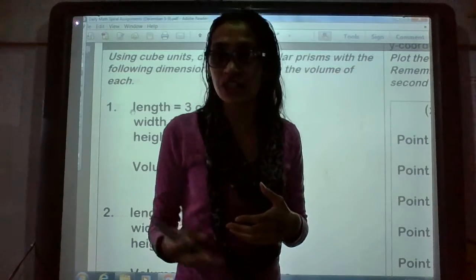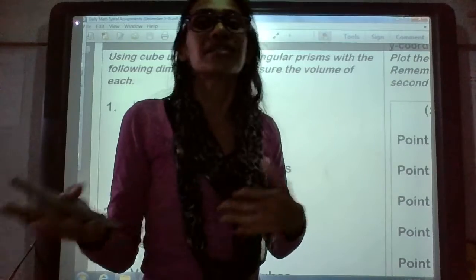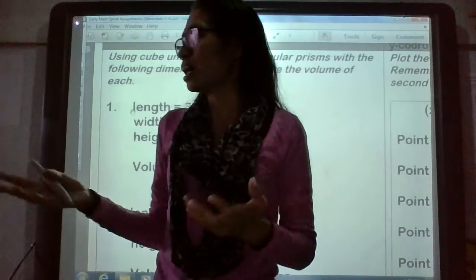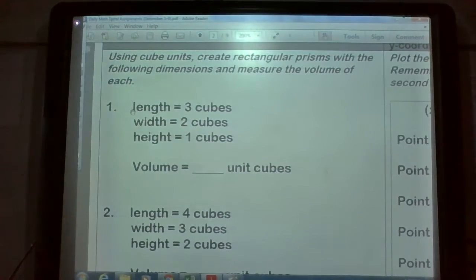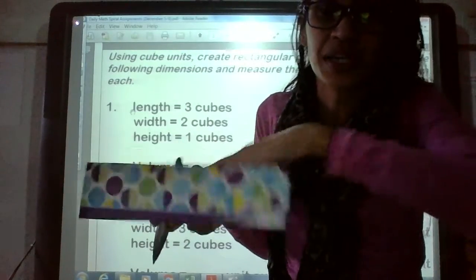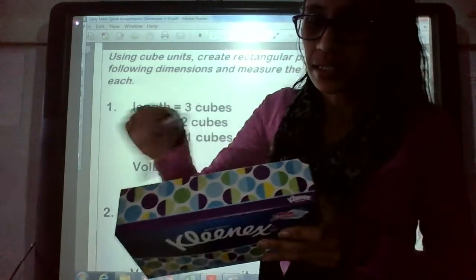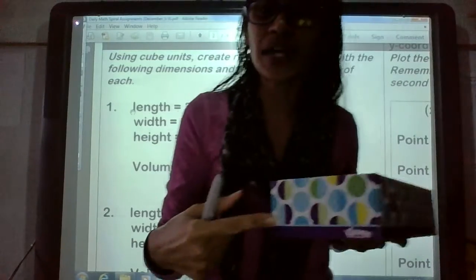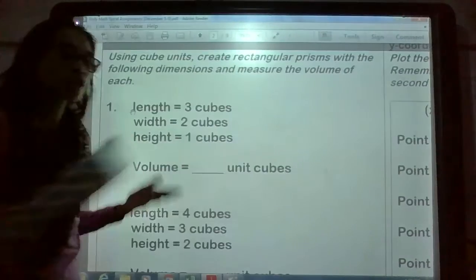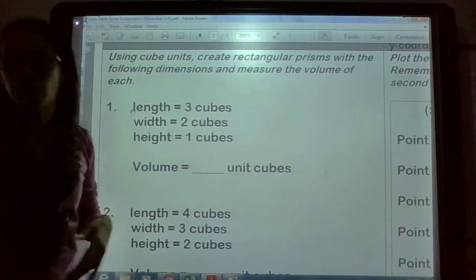It's three-dimensional, and some sides could be squares, some sides could be rectangles. For example, this box of tissue, let me hide the tissue. This is a rectangular prism. Look, it has length, it has width, and it has height. So what we are going to do is create a rectangular prism using these dimensions right here.